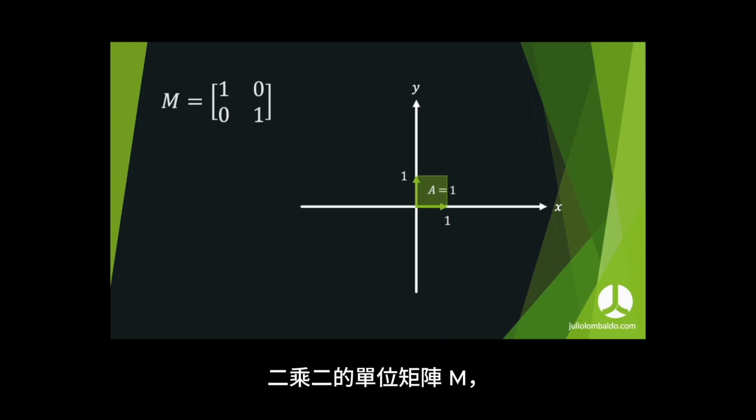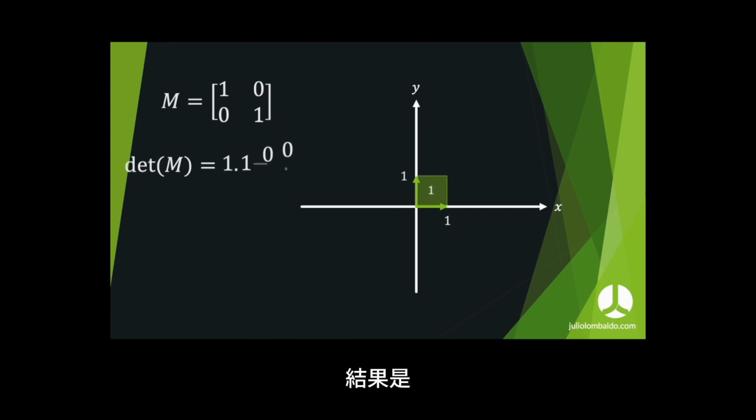So why this? For example, take the identity matrix M, 2 by 2, like this one. Of course you can take the determinant of this matrix, that is 1 times 1 minus 0 times 0, and the result is 1. Easy too.